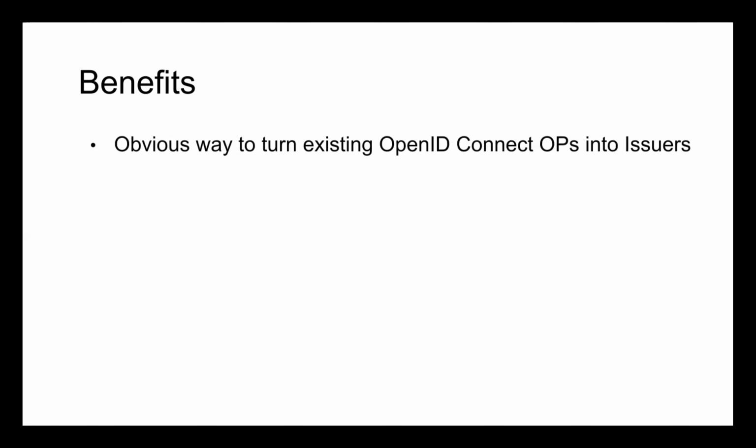All right, what's the benefit of using OpenID Connect as the underlying rails for actually issuing verifiable credentials? First of all, the obvious advantage is that any OpenID Connect OP that already exists can, using this extension, also become a credential provider. And this is very important for existing federations that are out there in the space.